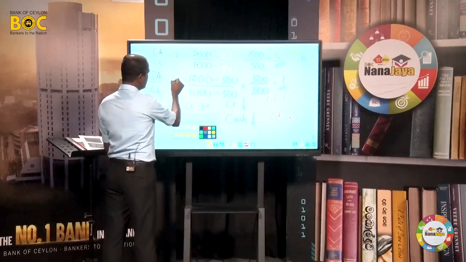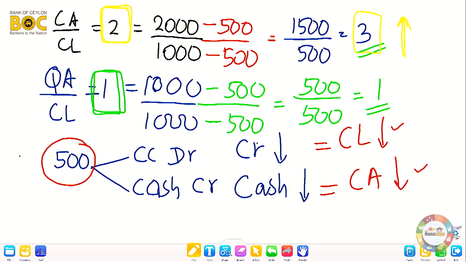Earlier it was 1, now also 1. So the quick ratio has no change. Earlier and now, both are the same.